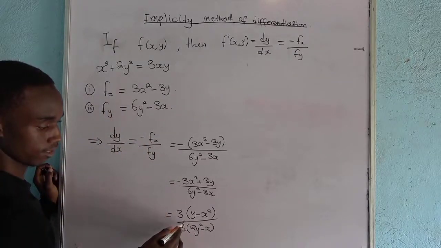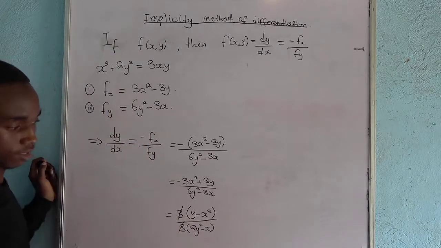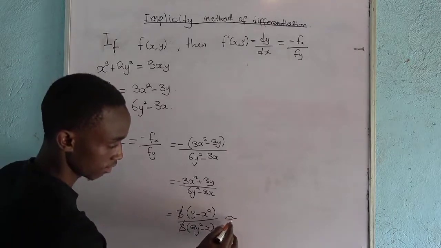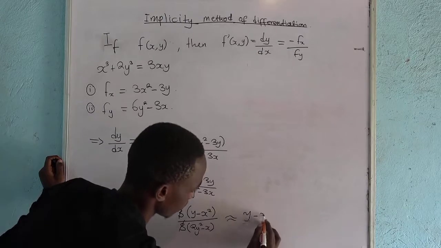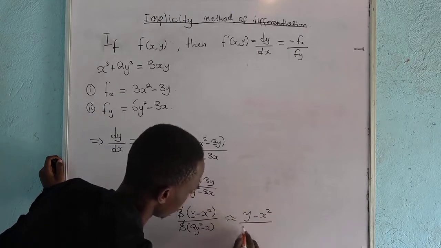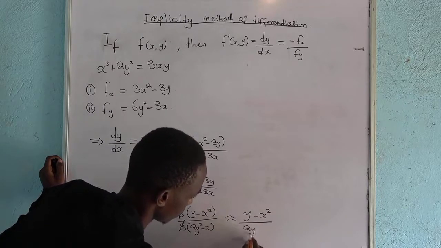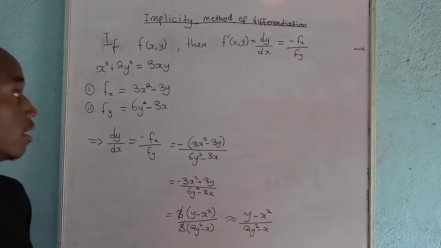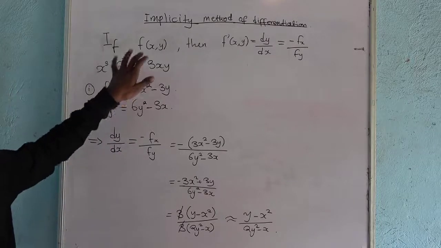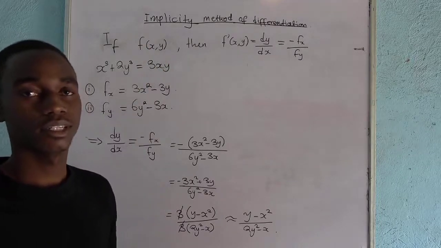And then the 3s cancel such that our final answer will be of this nature. So this is what you get by differentiating this function by the implicit method of differentiation.